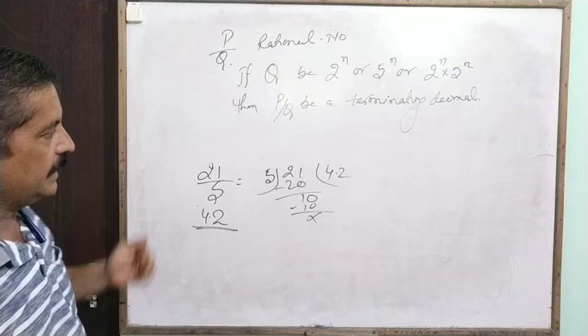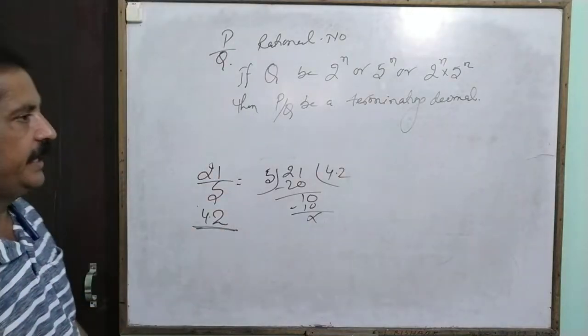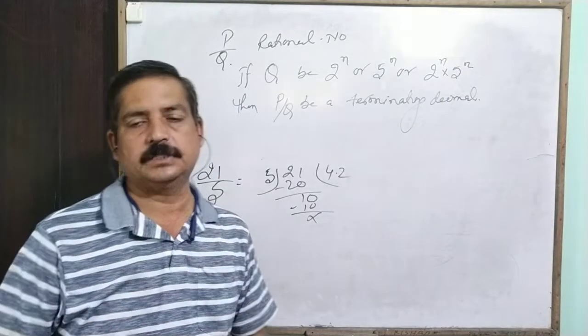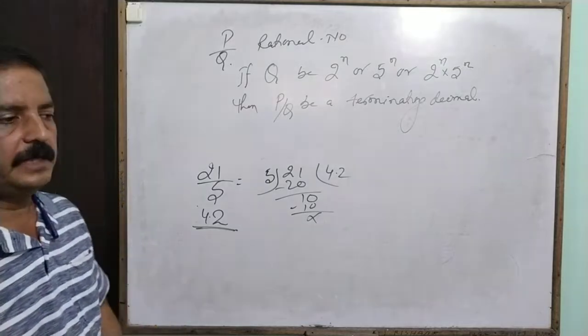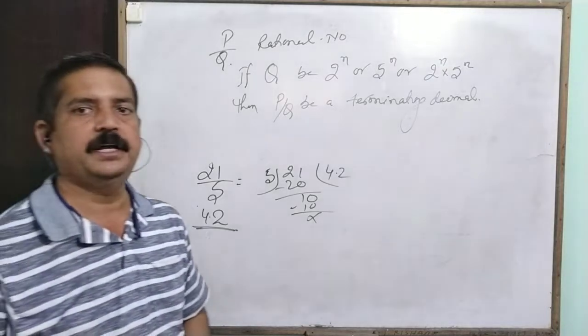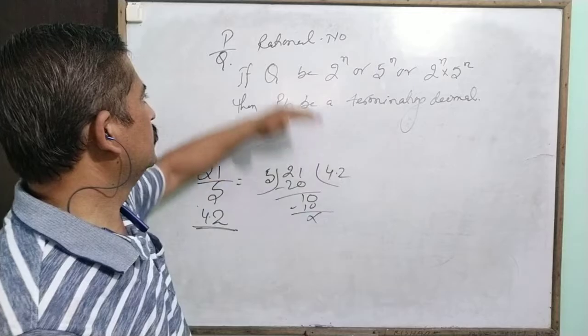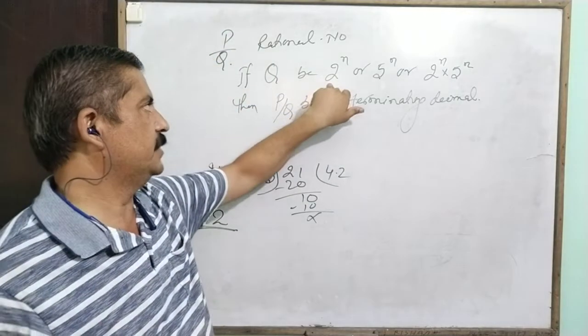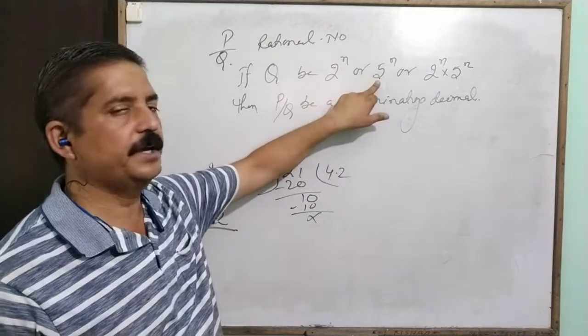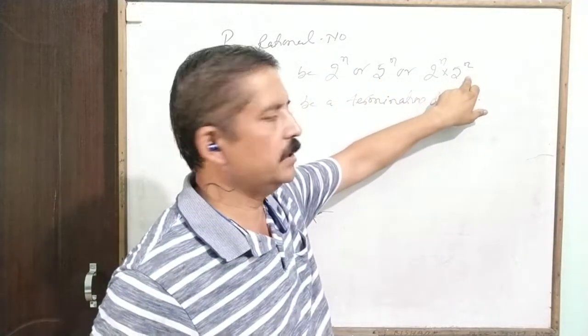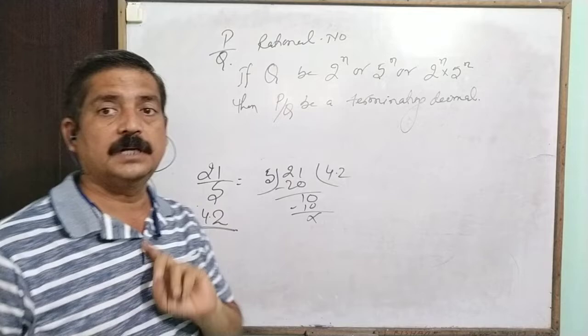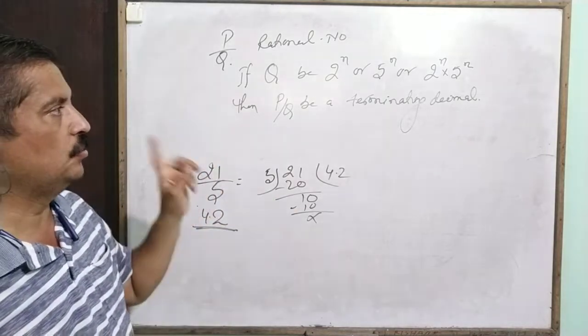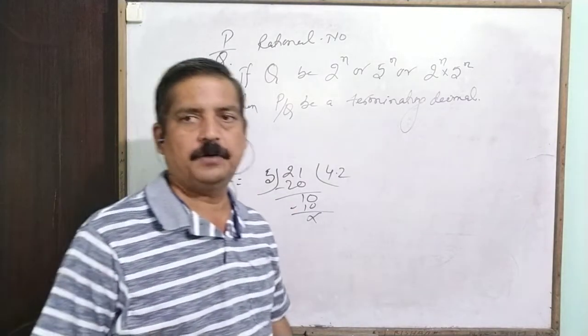If anyone asks, without dividing, you can say which are terminating decimals or non-terminating. First of all, you just check the denominator: it is either a power of 2 or 5, or a multiple of 2 or 5, and nothing more than 2 to the power n and 5 to the power n.